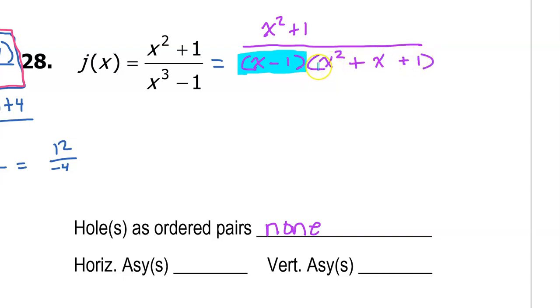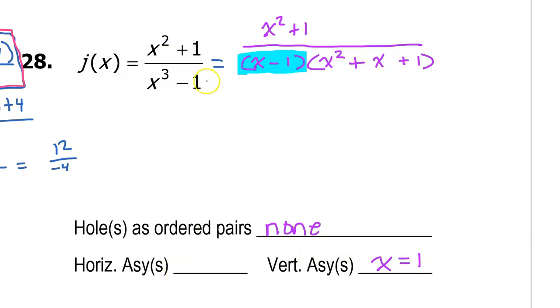If you try to set this equal to 0 and solve it, you'd have to use the quadratic formula and you would end up with imaginary solutions. That's almost how it always works when you factor using the sum or difference of two cubes. So I'm going to ignore the trinomial and just do the binomial. Setting that equal to 0, that gives me x equals 1 for my vertical asymptote.